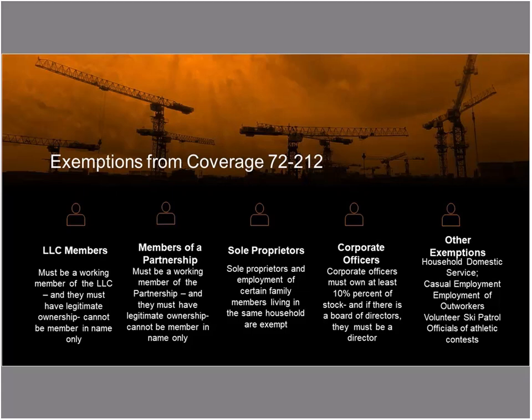You can actually file a form called the IC-53 form, which basically states that you have a family member and you fall under that sole proprietorship business and they're working for you in Idaho. However, they're not living at home with you, and you're exempting that employee from work comp coverage.